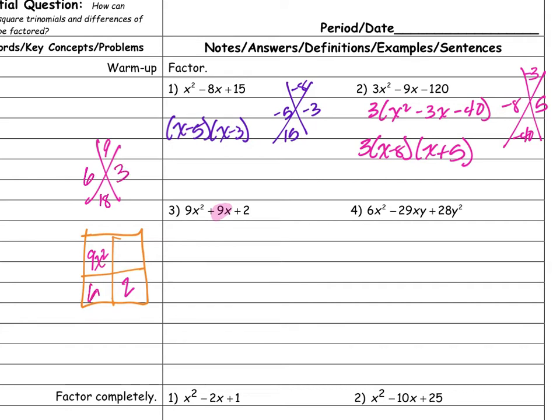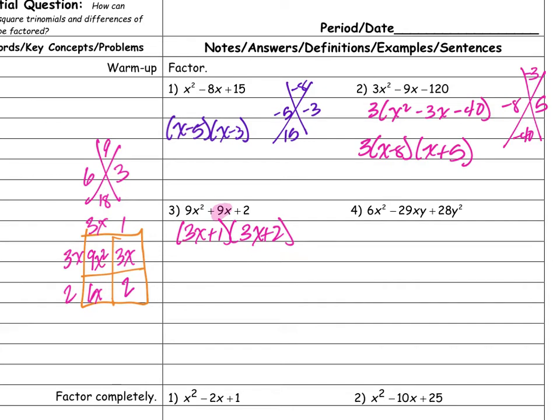So this would be 6x and 3x. And I factor my columns and factor my rows, and I get my answer. So this would be 3x and 2 and 3x and 1. So this should factor to 3x plus 1 times 3x plus 2.